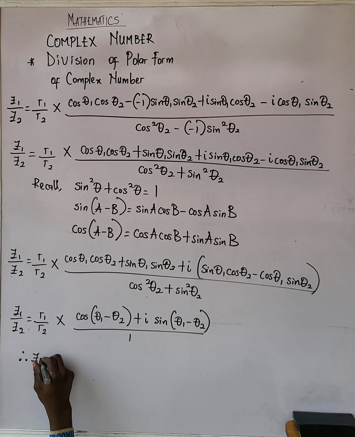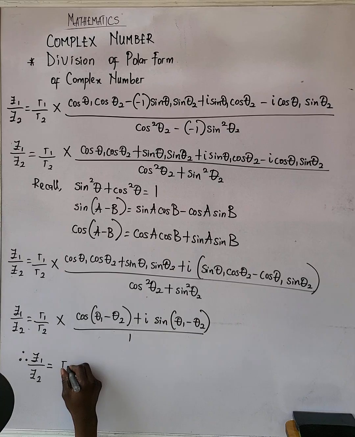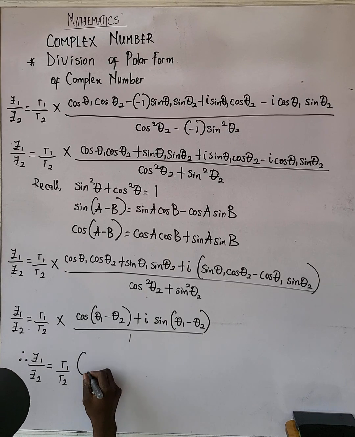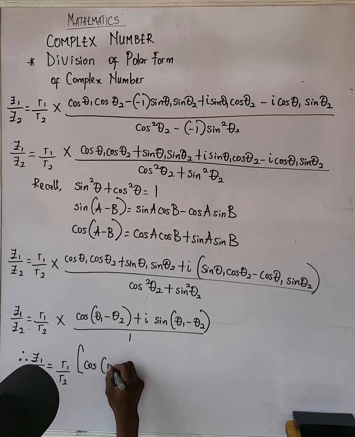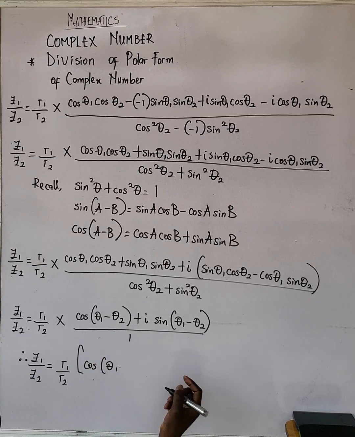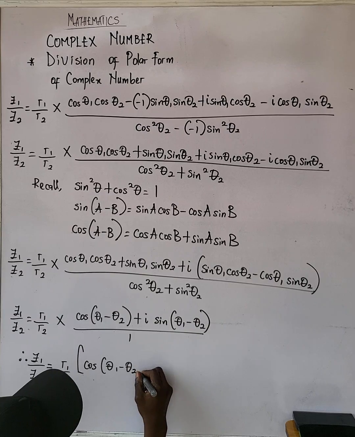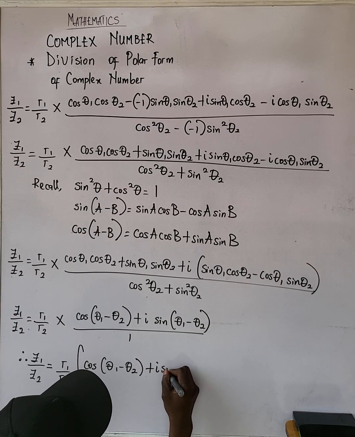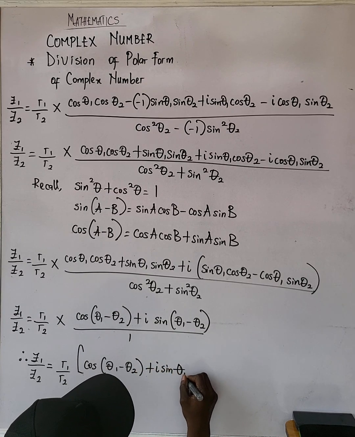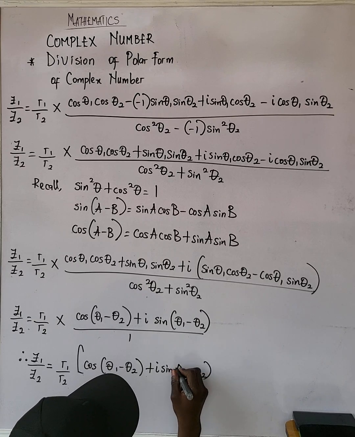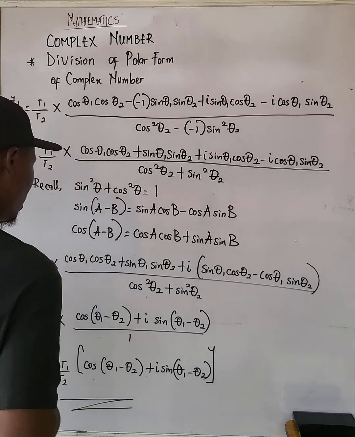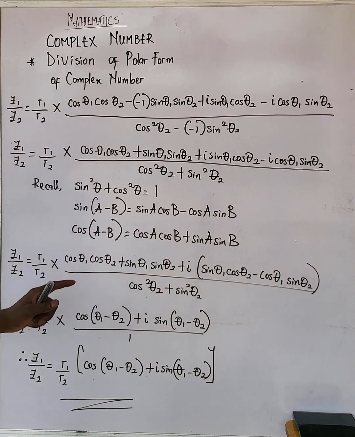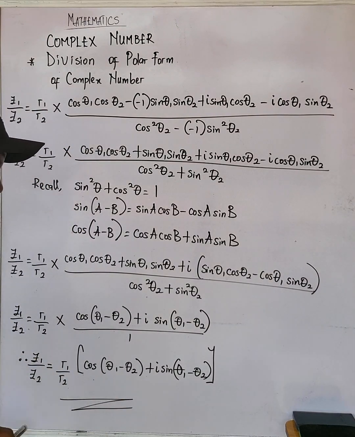Therefore, Z1 over Z2 equals R1 over R2 into bracket cos theta 1 minus theta 2 plus i sin theta 1 minus theta 2. This divided by 1 is still the same thing. So this is the equation we want to get. This is when you are given division of polar form of complex numbers. So this is the formula you use.